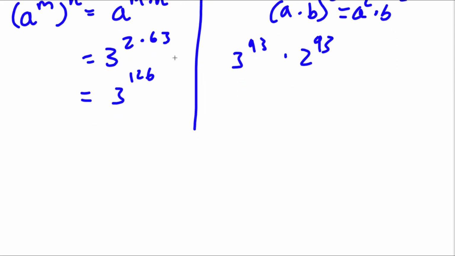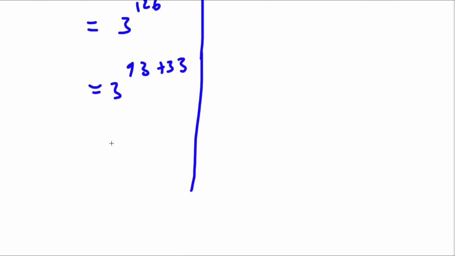Now 126 here, this is the same thing as 93 plus 33. So now if I have something in the form a to the power of m plus n, this is equal to a to the power of m times a to the power of n.